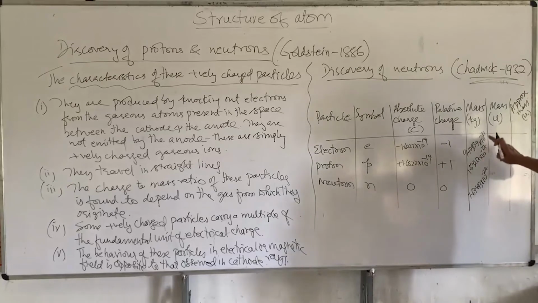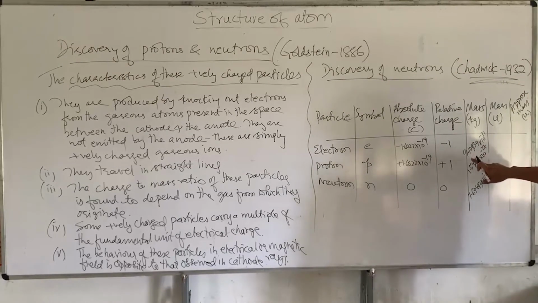This is an extremely small number, because this is negative 31, whereas the others are negative 27. So the electron has the smallest mass. The lightest is the electron, and the heaviest is the neutron, and then next is the proton.